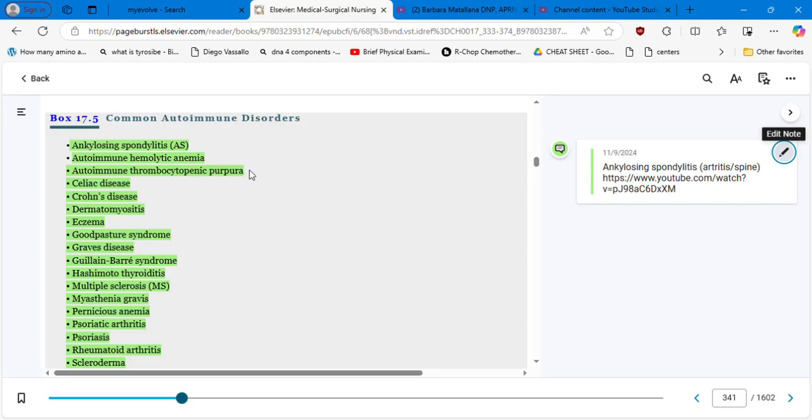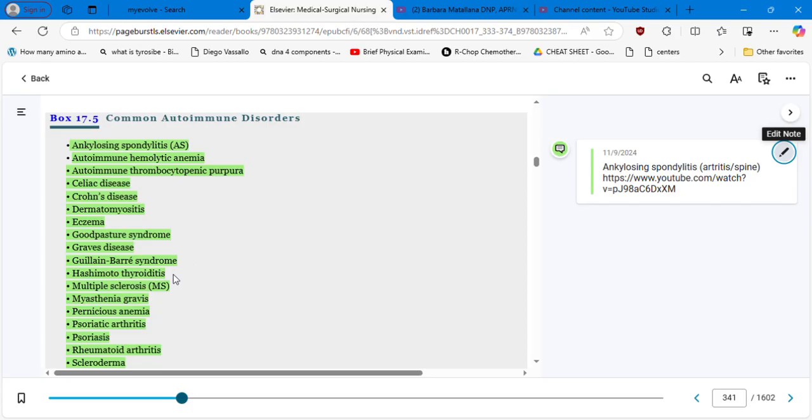I hope you can identify thrombocytopenic is the reduced number of platelets, right? Celiac disease, Crohn's disease, dermatomyositis, eczema, Graves' disease, Guillain-Barré syndrome. Also, we saw this in the neurological part of this semester.